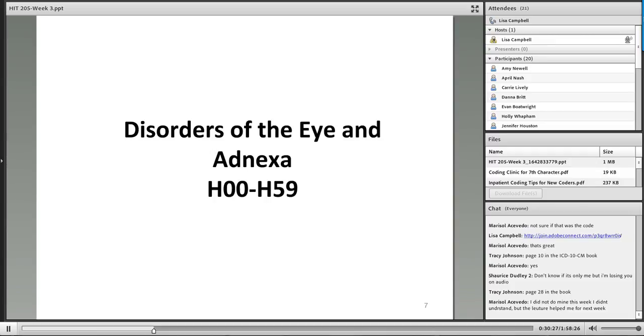The ultimate goal for all of you is to take your credentialing exams. If you are taking the CCA exam, you're going to take your coding manuals and you can take a dictionary in with you to the exam. If you are taking the RHIT exam, 20% of the RHIT exam, either 20 or 22%, let's just go with 20% for now, 20% of the exam is focused on coding.